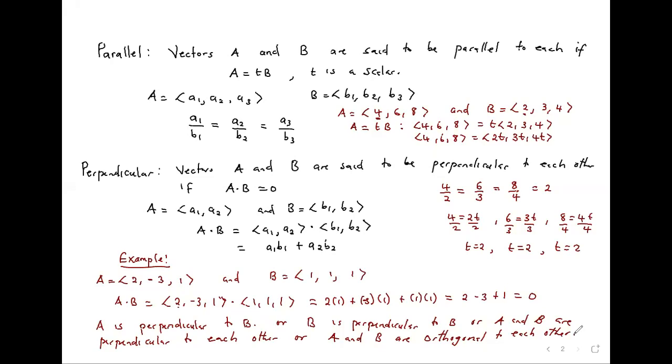Is there any other way of proving if vectors are perpendicular or not? If vectors are perpendicular to each other or not, we can use the angle.